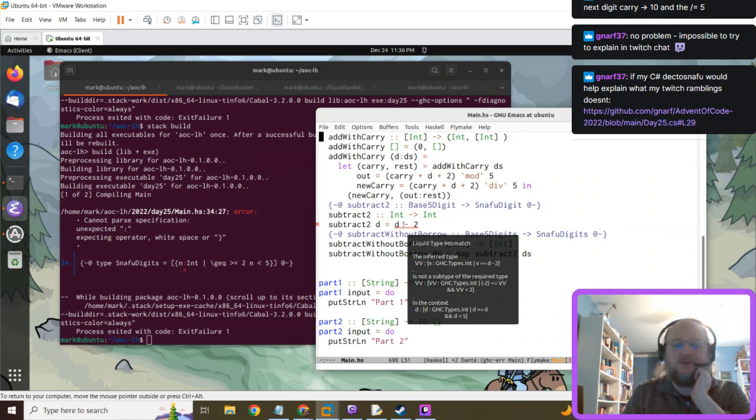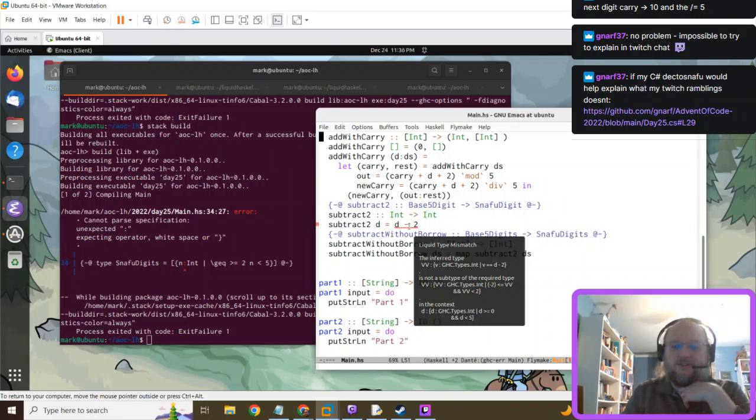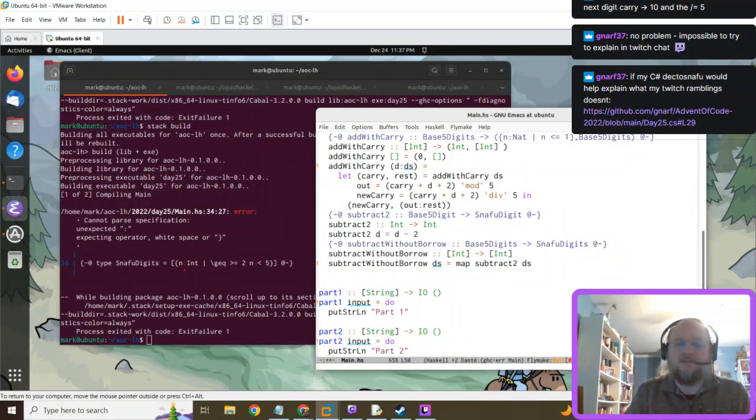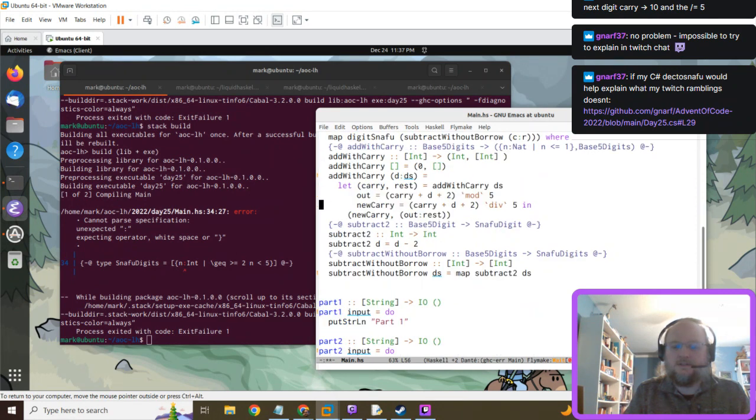So if we're greater than 0 and less than D, then if we subtract 2, we should be greater than or equal to 2, and there it is. Less than or equal to 2. Okay.